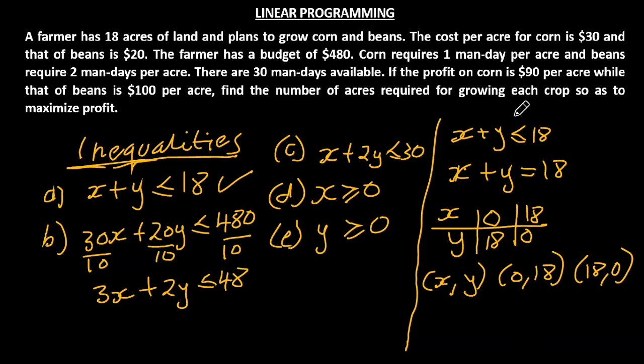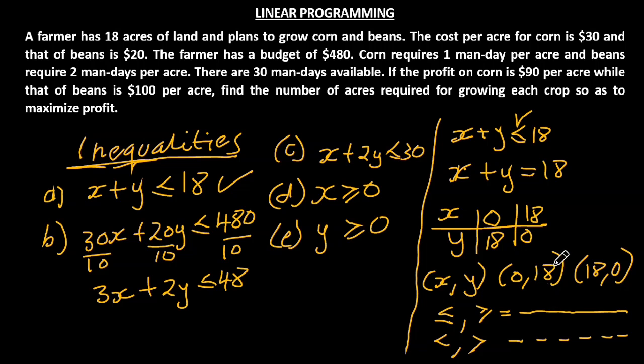Now notice that we have this inequality which is less than or equal to. When I have the inequality less than or equal to, or the other inequality which is greater than or equal to, then I am going to use a continuous solid line. When I have less than and greater than signs in an inequality, then I am going to use dashed lines.